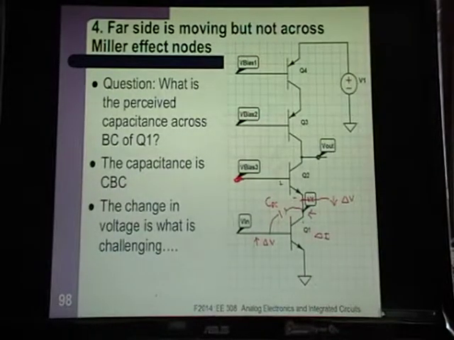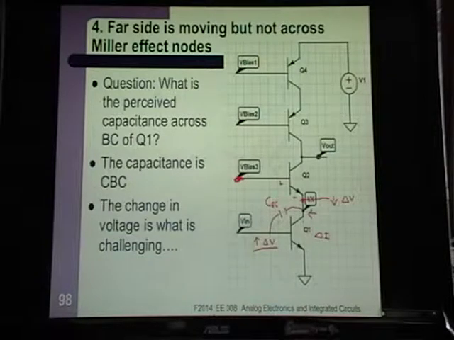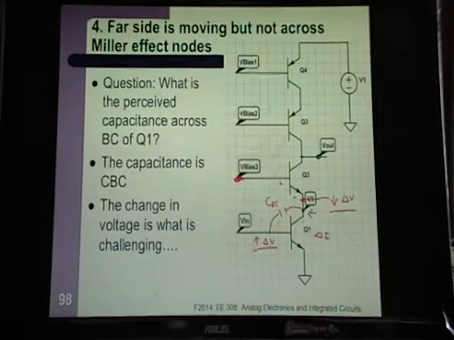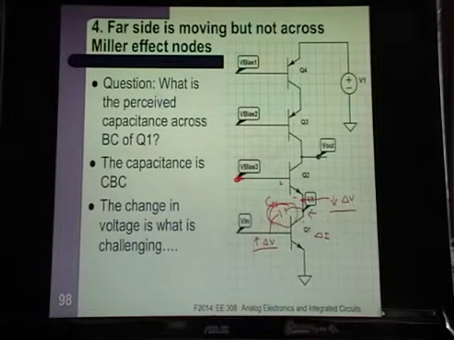So what you see here is if you raise this delta V, this node is actually lowered by delta V. So the net change in voltage across this capacitance is actually 2 delta V, which means that the capacitance on this node looks twice as big.